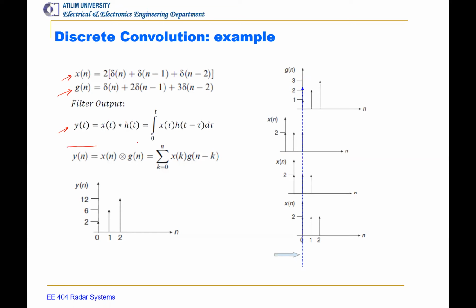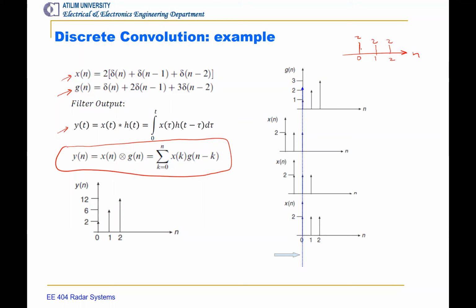So we just implement this one, as this is discrete. We simply take x of n. Here x of n is, for 0, it's 2, and for 1 it's 2 again, and for 2 it's 2 again.